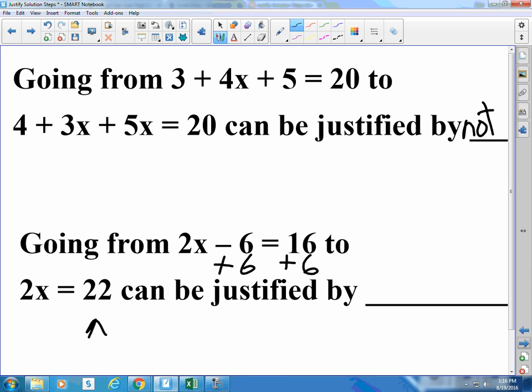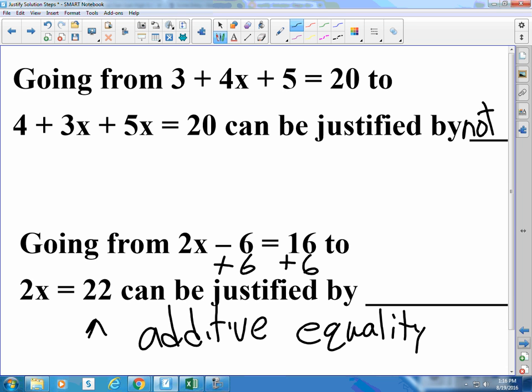So they did the same thing on both sides, so they will remain equal. Equality. So it's the additive. They added the same to both sides, so it would remain equal still.